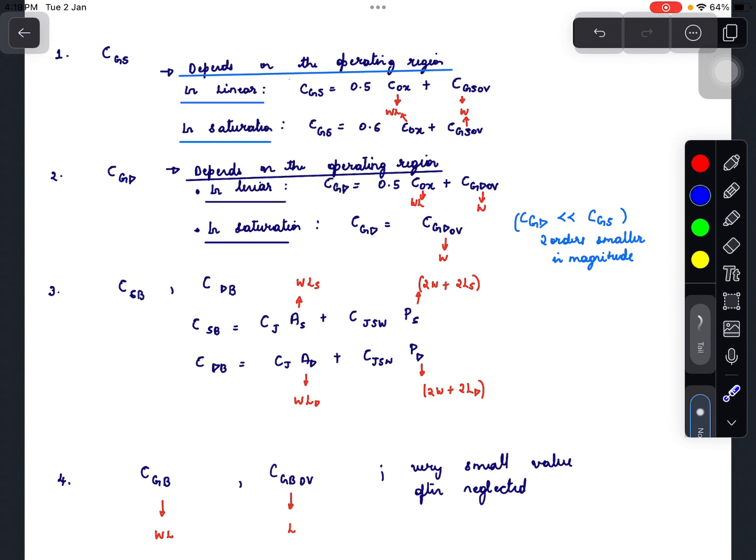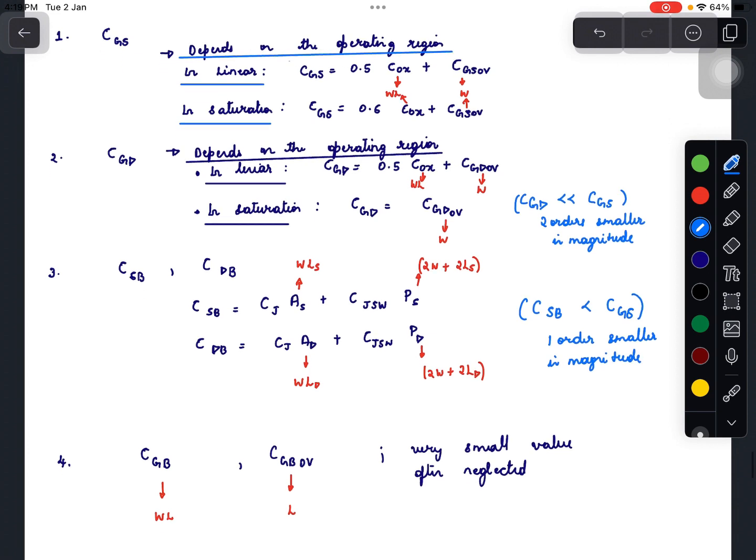A similar equation holds for the drain to bulk. And in order of magnitude, generally C source to bulk is smaller than gate to source capacitance by 1 order of magnitude. We need to remember this.